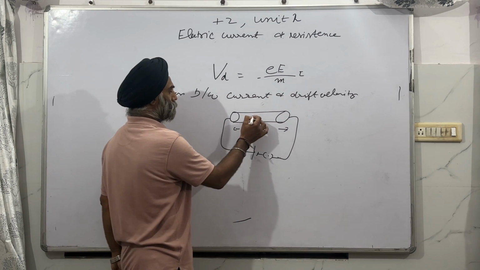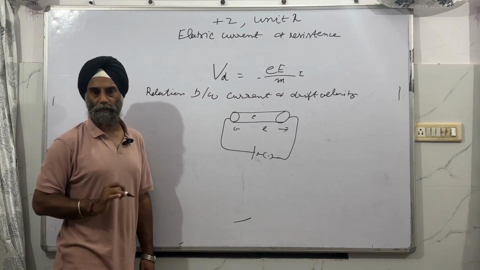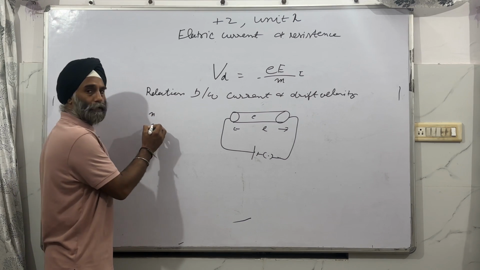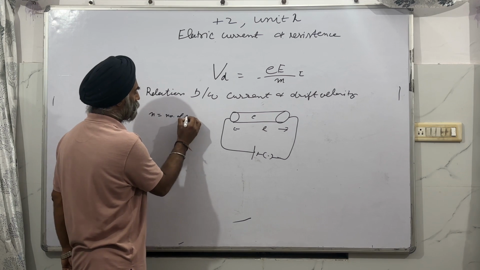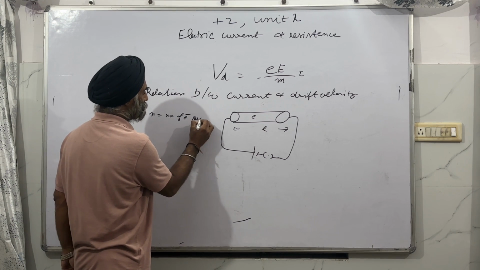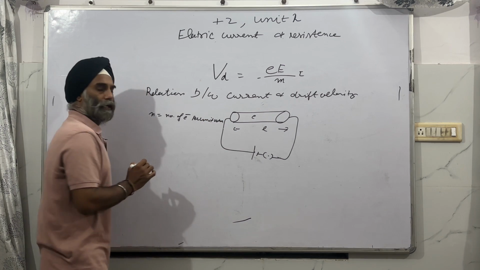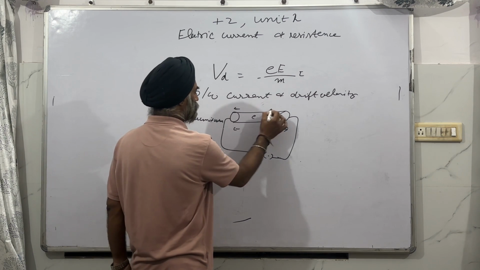Free electrons move with the drift velocity towards the positive terminal of the conductor. Let n be the number of electrons per unit volume. A is the area of the conductor, L is the length of the conductor.